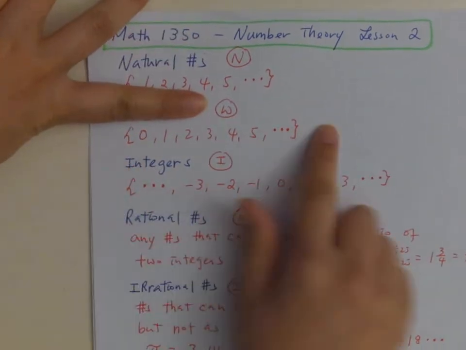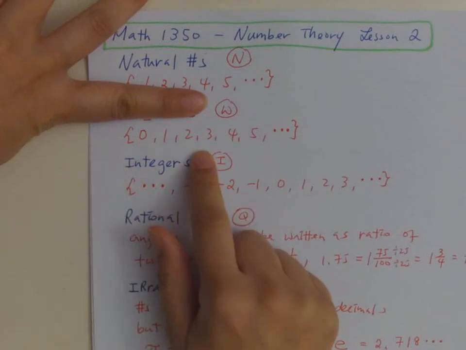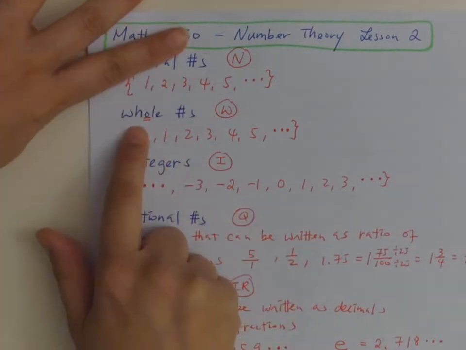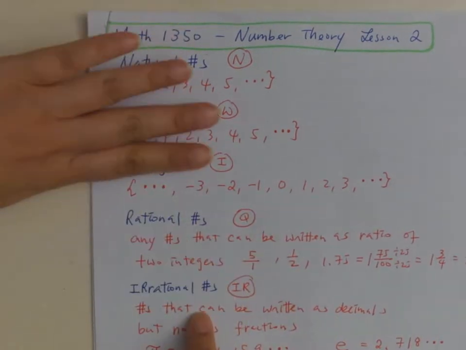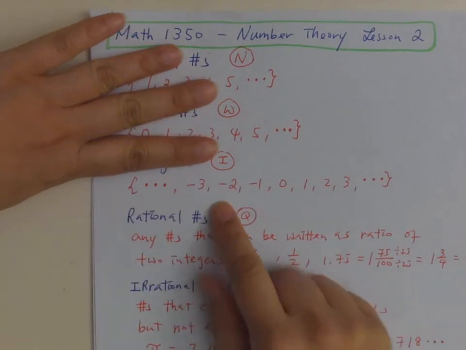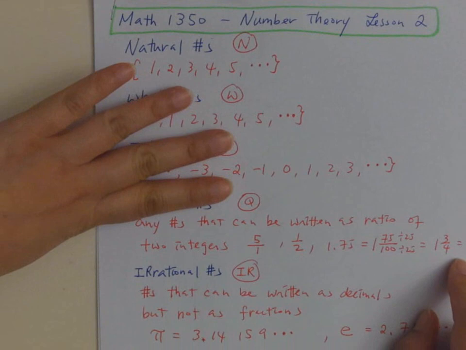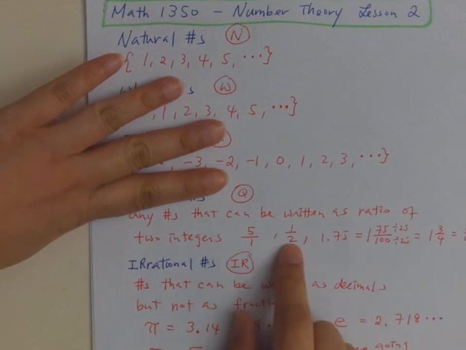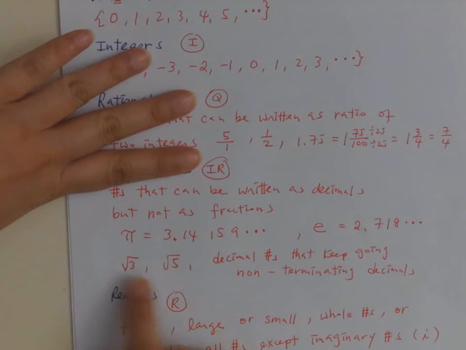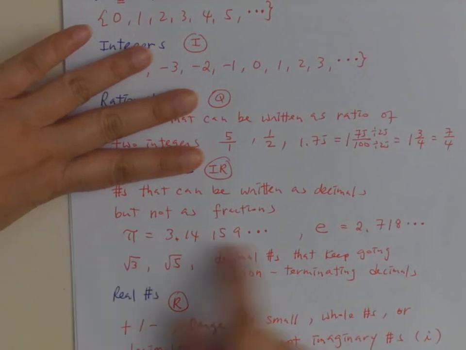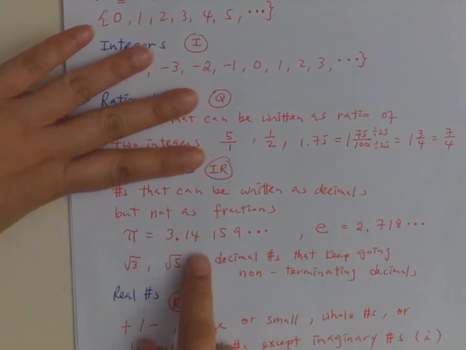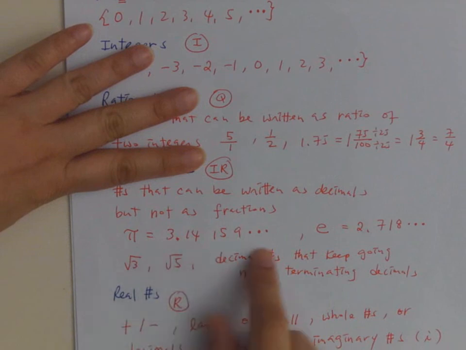If I give you this set of numbers, they are positive whole numbers starting with 0, that would be whole numbers with the 0, right? If I give you this set, positive and negative whole numbers, that would be integers. Rational numbers are something you can write as a fraction with 2 integers. Irrational numbers are those special numbers like pi, e, or any kind of decimal number that is non-terminating.